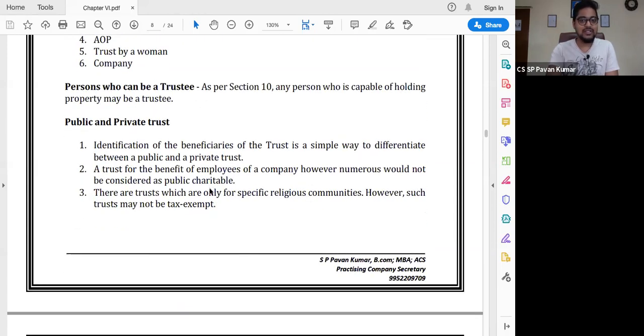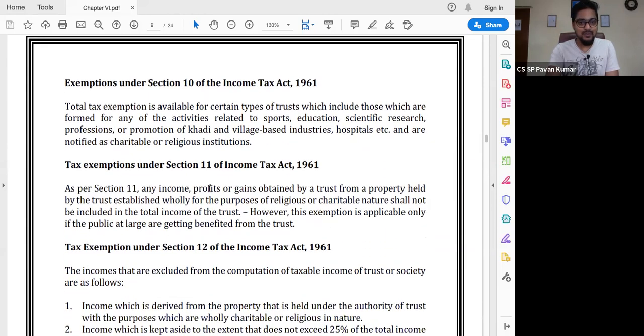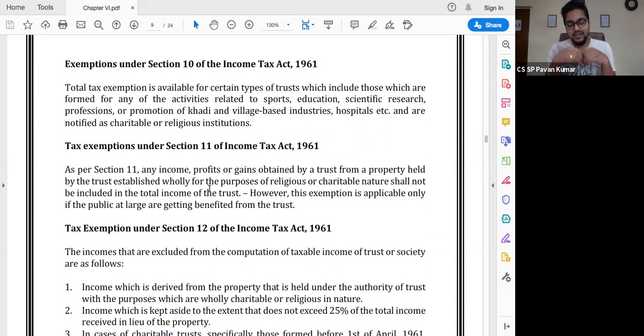So what is a public trust, a private trust? We've already seen. Why do we normally get registered under a private trust or public trust? It can be a trust, it can be a Section 8 company, it can be a society. When we talk about NGOs, there are a lot of tax exemptions given because they are doing some activity which basically the government is supposed to do, but due to lack of manpower and such reasons, NGOs are doing these activities.